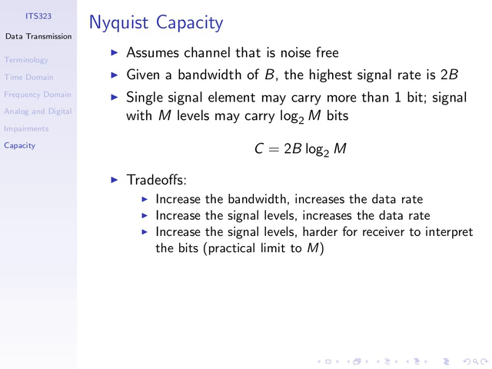SE means signalling elements in this case. We're sending 1,000 signal elements per second. Each signal element, -5 represents 1 bit, +5 represents a bit. Each signal element represents 1 bit. 1,000 signal elements per second means 1,000 bits per second. That's our data rate with this scheme, sending at 1,000 bits per second.